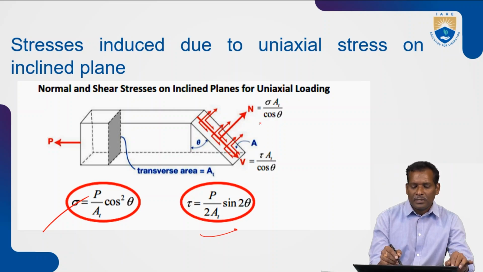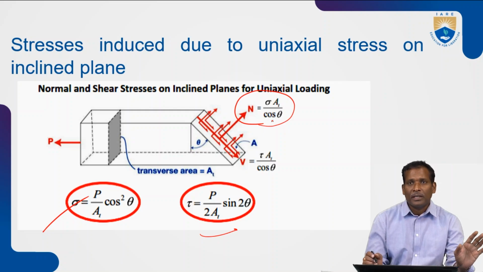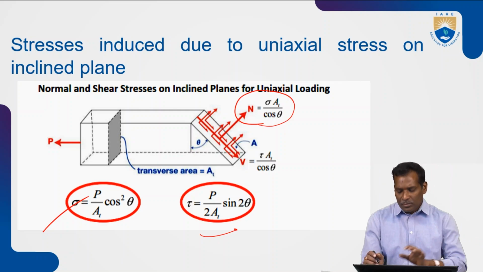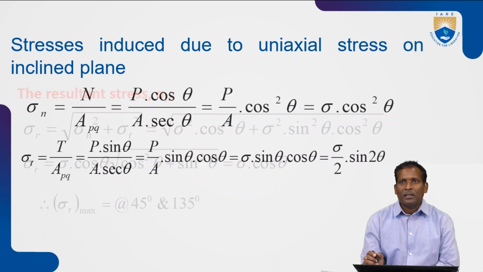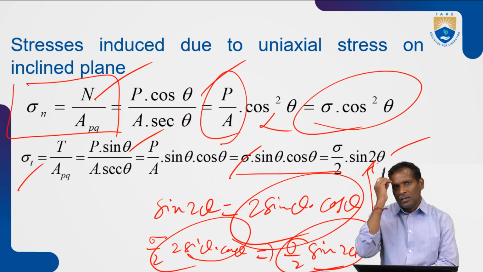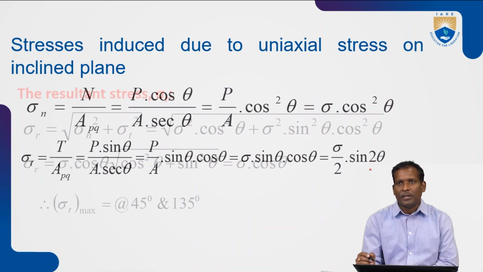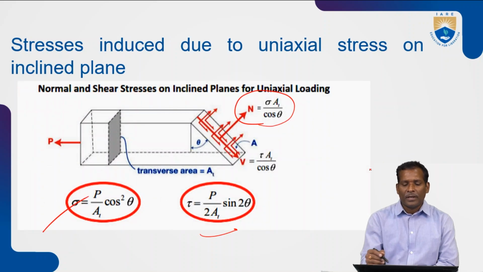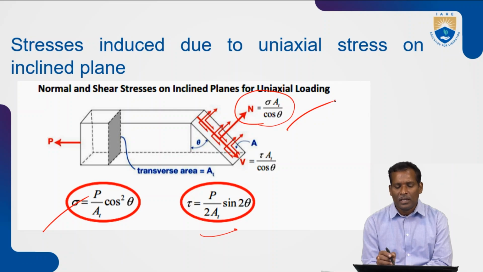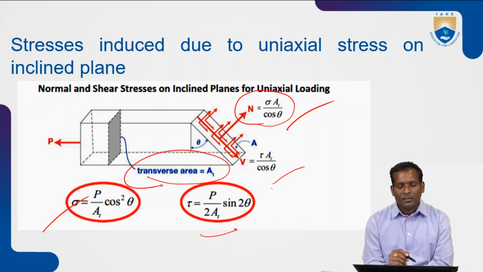See the normal stress sigma at by cos theta, and the shear stress, tangential, sigma by 2 sin 2 theta. In this you can write the normal stress as sigma at by cos 2 theta, and the vertical force, that is the shear stress, at by cos theta. That is the transverse area. Clear?